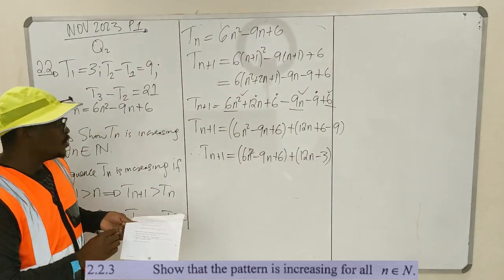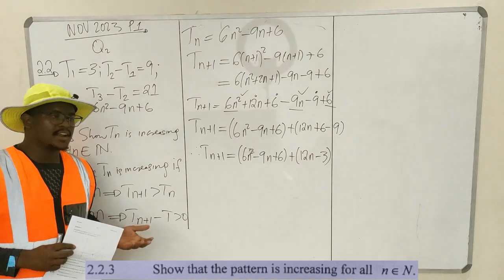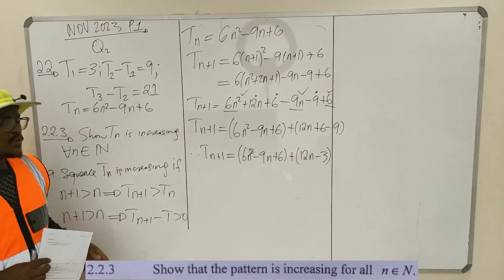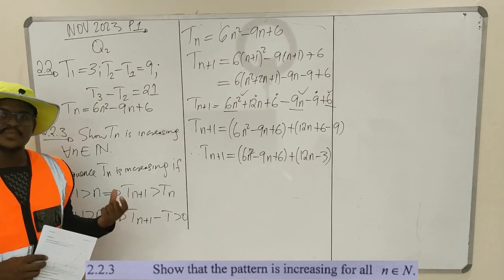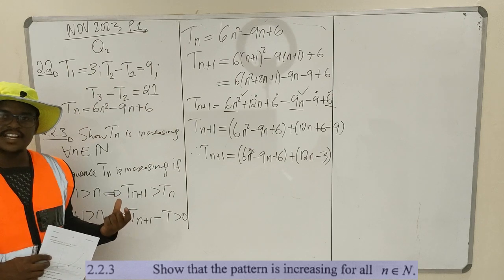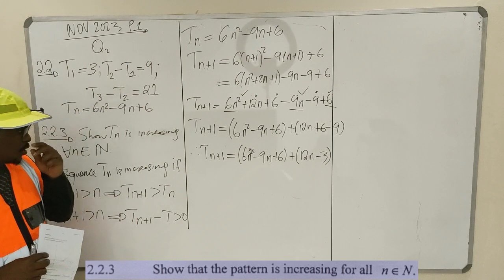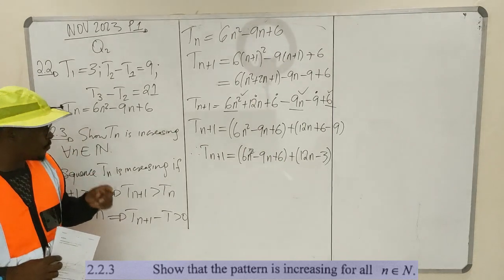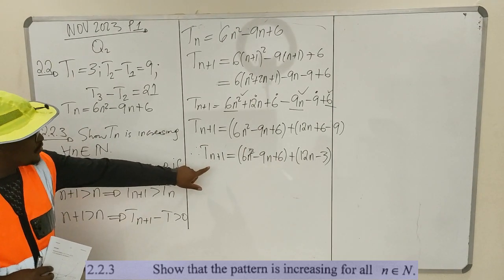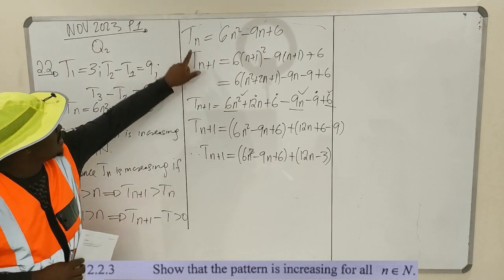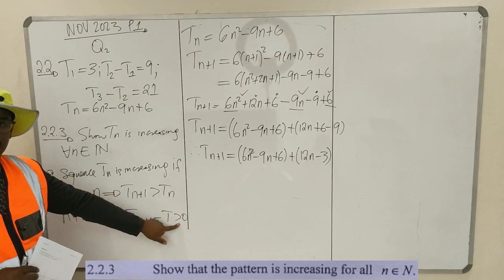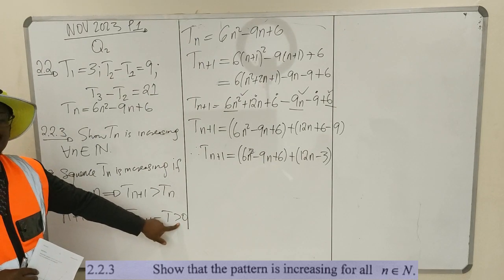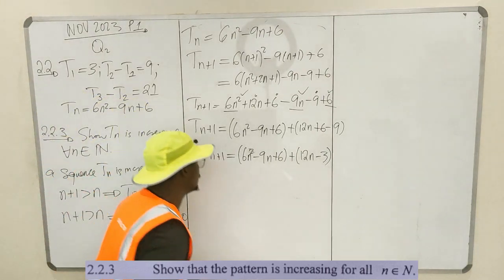Then now, we said that to show that this sequence is increasing, the difference between two consecutive terms must be positive, should be greater than 0. Now we have to find the difference between Tn plus 1 and Tn, and see if it is positive. If it is positive, then our sequence is increasing. Let's go.